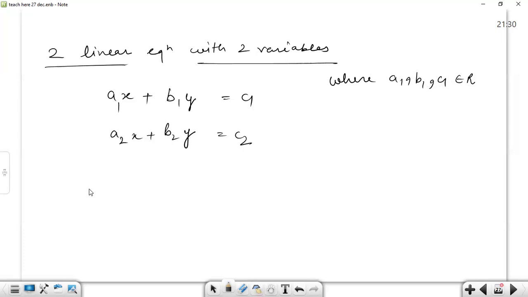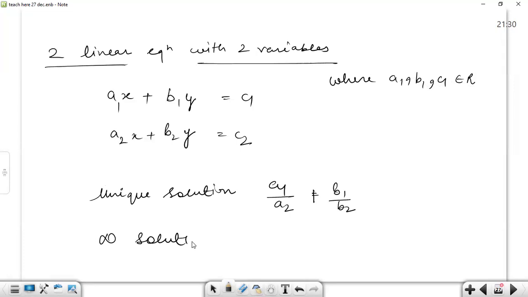Earlier we studied in smaller classes that there will be a unique solution for x and y when a1/a2 is not equal to b1/b2. And there will be infinite solutions when a1/a2 equals b1/b2 equals c1/c2. Whenever any solution exists, we call the system of equations consistent, because there is a solution.